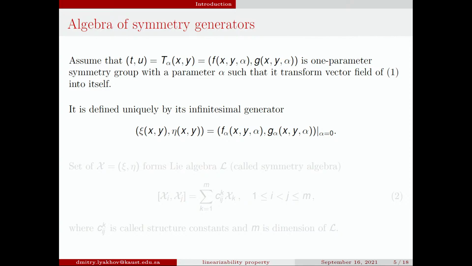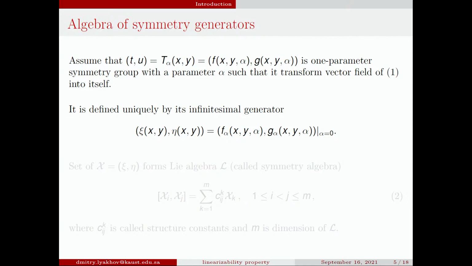We study this linearizability by something called a one-parameter symmetry group. Let's say we have a point transformation from the old variables x, y to the new variables t and u, and the transformation is t_alpha.